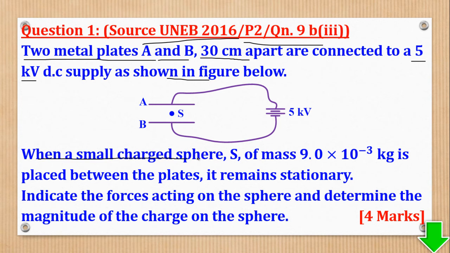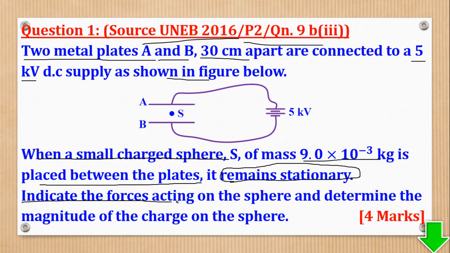When a small charged sphere S of mass 9 exponent -3 kilograms is placed between the plates, it remains stationary. Note this word, remains stationary. Indicate the forces acting on the sphere and determine the magnitude of the charge on the sphere.